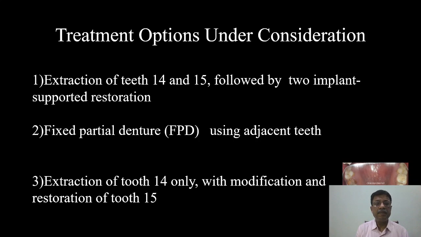Next is an FPD using the adjacent teeth. And the third option is that we extract only the 14 and we modify the 15, where we give a normal PFM crown or zirconia crown, and we place the implant here, and then we do the restoration there.